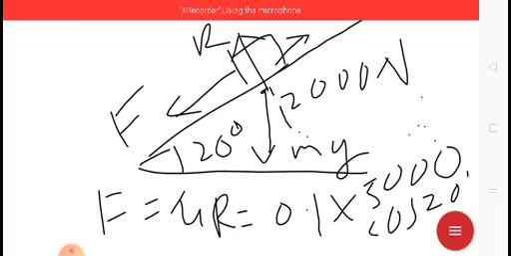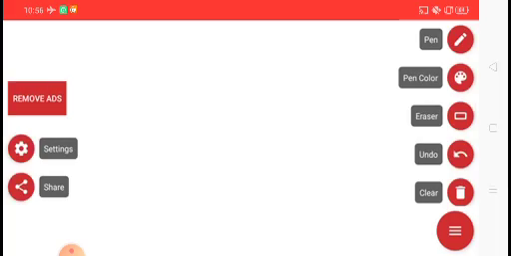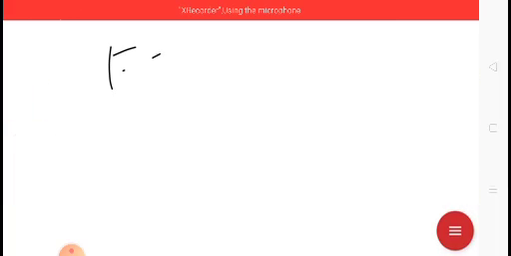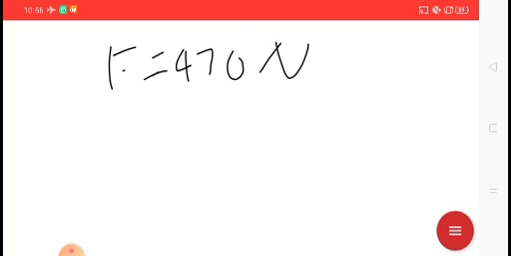By this way you should be able to find F equal to 470 Newton. 470 Newton.